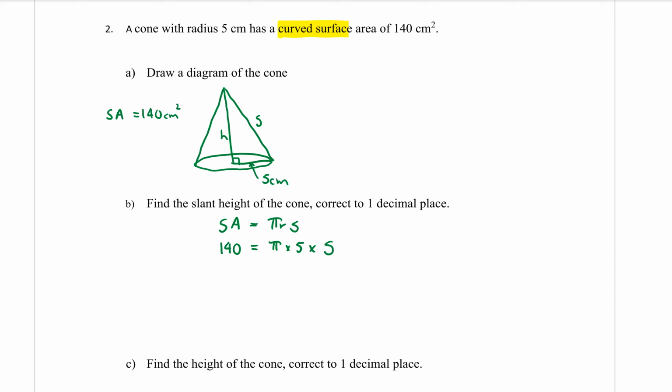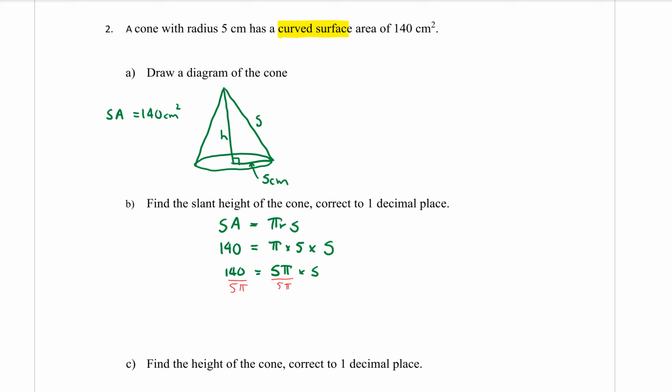Before we do that in your calculator, let's practice with the exact part again. All right? If I have 140, I have 5 pi times by that S. Just in the start, there are questions that come out that you have to leave them exact. So when we get the opportunity, it's good to practice. If I wanted to get the S by itself, I'm going to divide 5 pi, divide 5 pi.